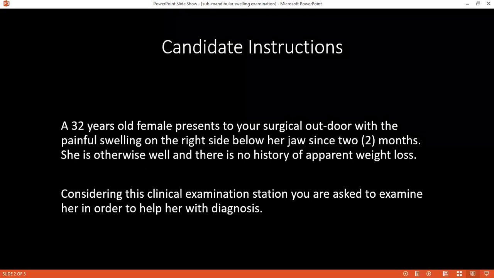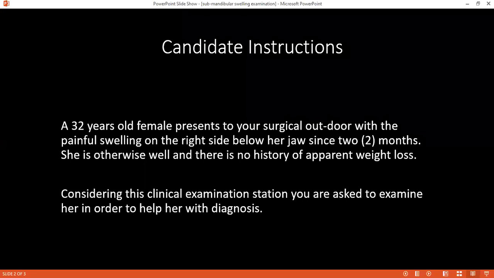What are the treatment options that you can offer this patient? If the patient has a stone, we would go for either a sialendoscopy, duct excision, or a complete submandibular gland excision if the stone lies deep in the gland. If it is infection, then incision and drainage.